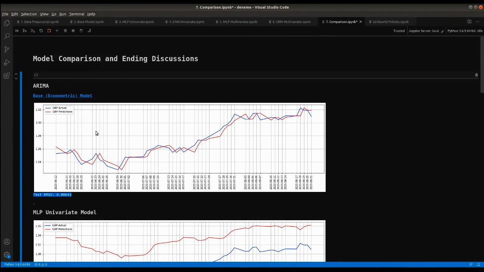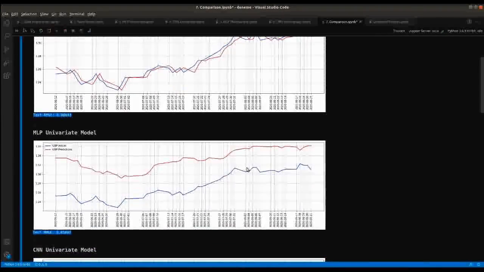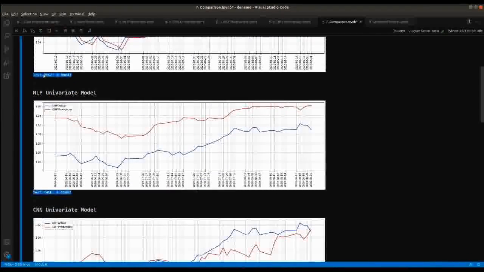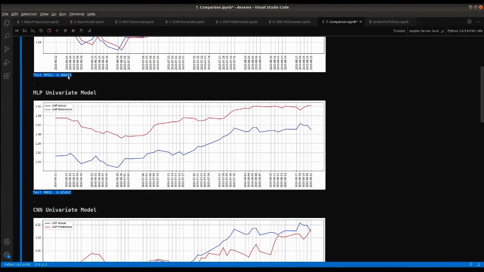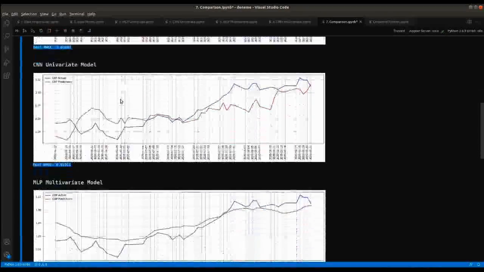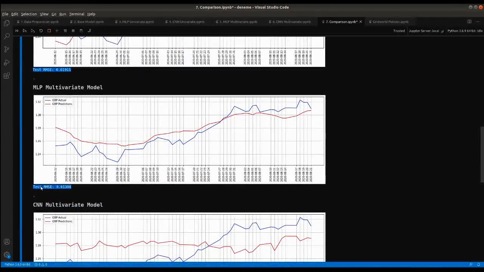When we compare the results, we can see that the literature findings are correct. The ARIMA model for the prediction has the best metric by far. While the result of that model is 0.00643, the closest result to that one is 0.01308 from the MLP architecture with the multivariable prediction process.